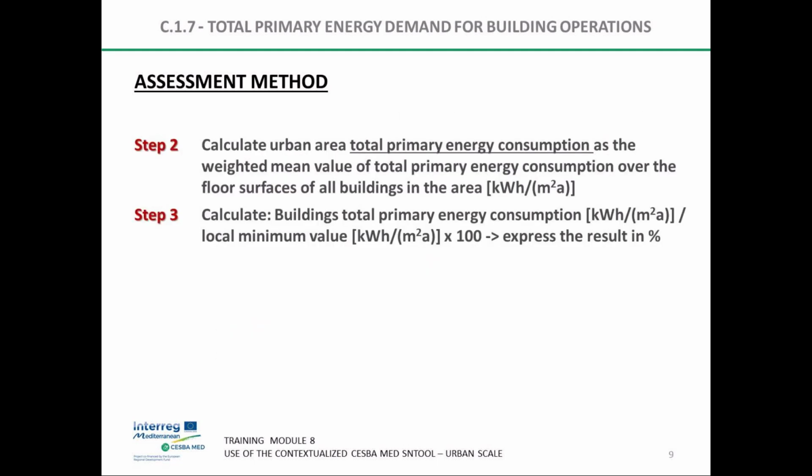We calculate the urban area total primary energy consumption as the weighted mean value of the total energy consumption over the floor surfaces of all buildings in the area. And we calculate the building's total primary energy consumption as expressed over a local minimum value.